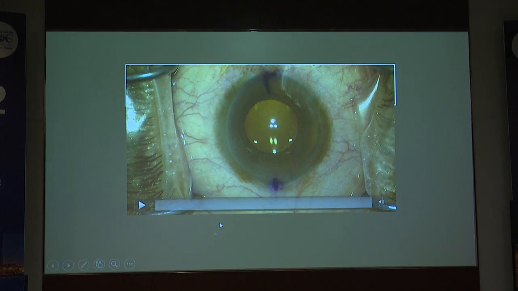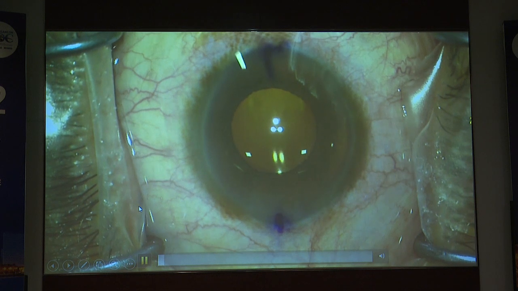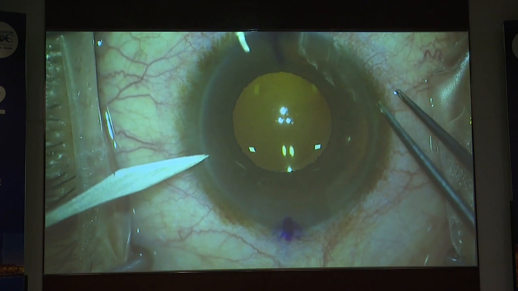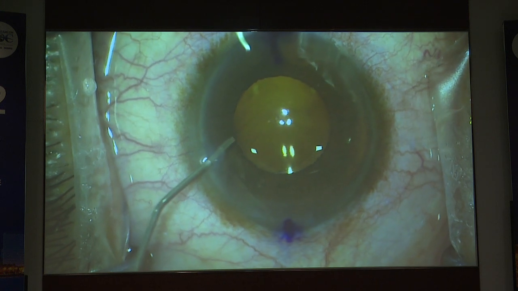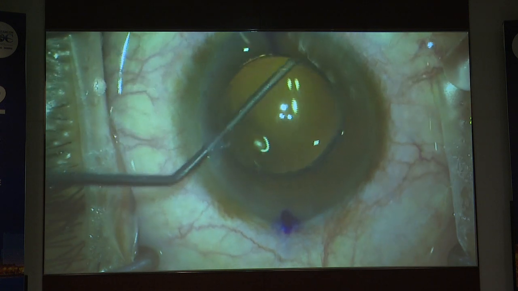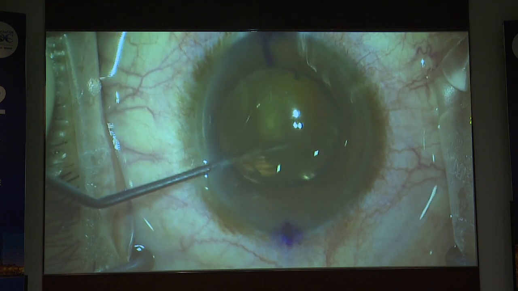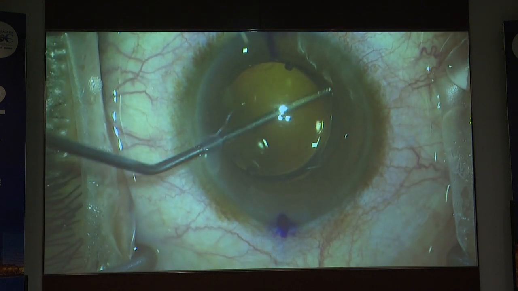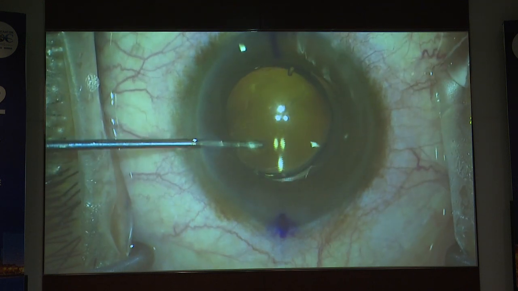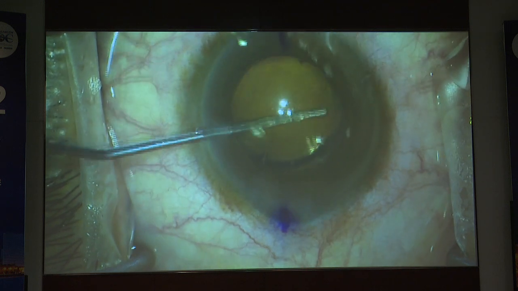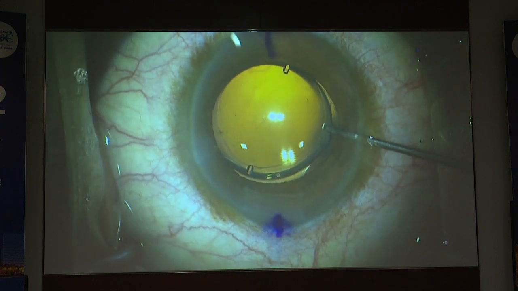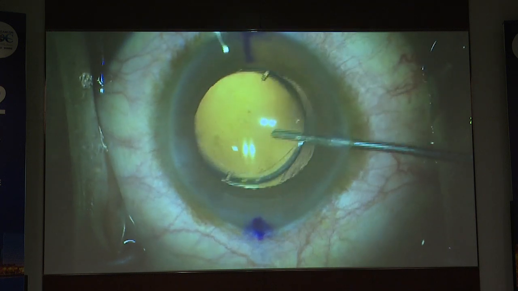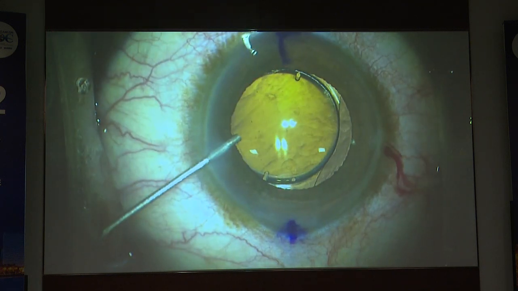What we had done wrong was, instead of placing the lens at 180 degrees, we had placed it along the axis. These lenses carry the cylindrical power, so I had to rotate the lens back to 180 degrees, as you can see. These are plate haptic lenses, and since we realized within 2 days what we had done wrong, we rotated the lens to this 180 degree marking.